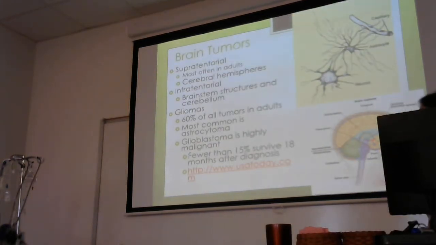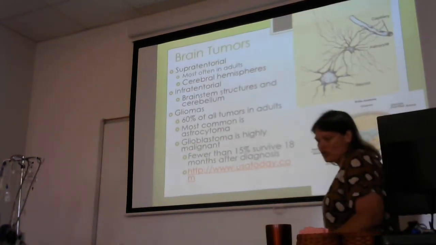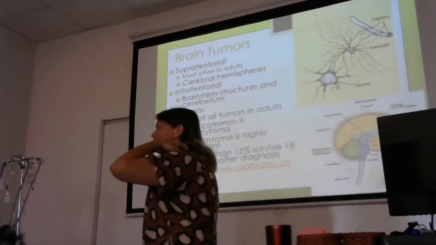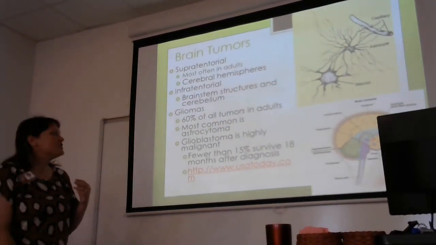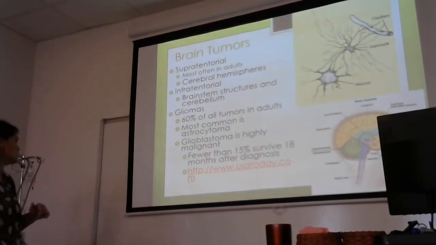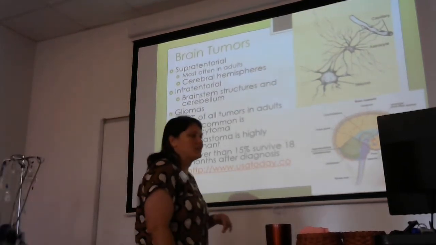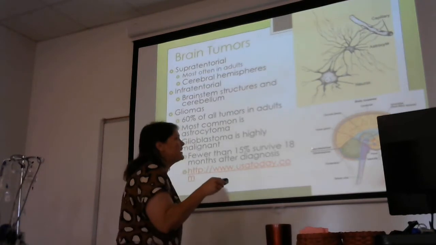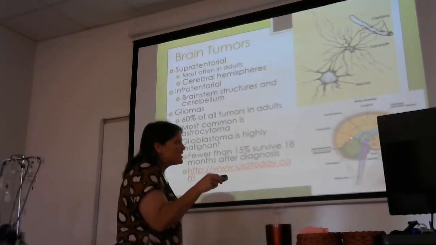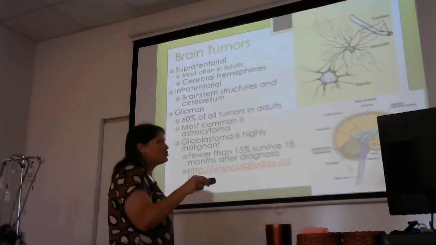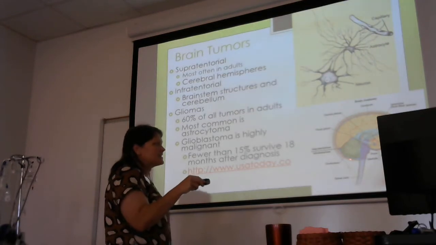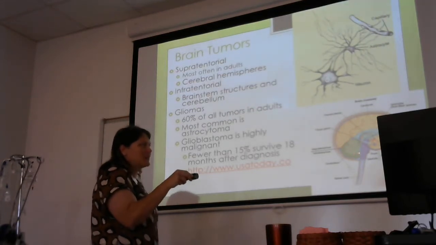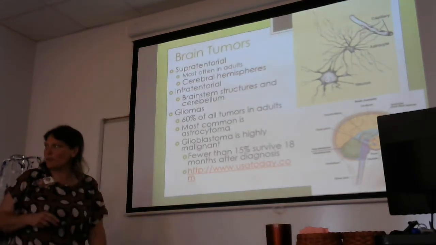When we look at location of tumors, there's an imaginary line that's called the tentorium that we use for the location of brain tumors. So the tentorium is, in this picture to the right, this red line that you see right there. Essentially what it separates is the cerebellum and the brain stem from the rest of the brain.